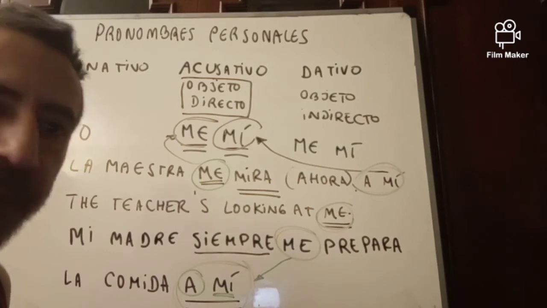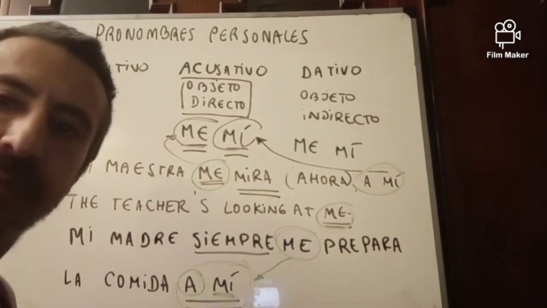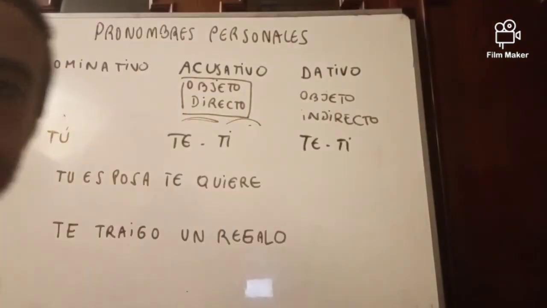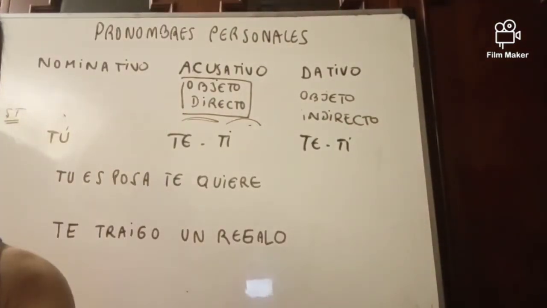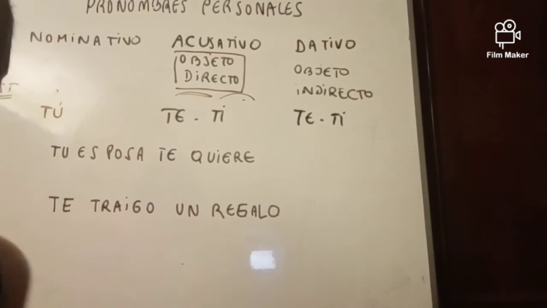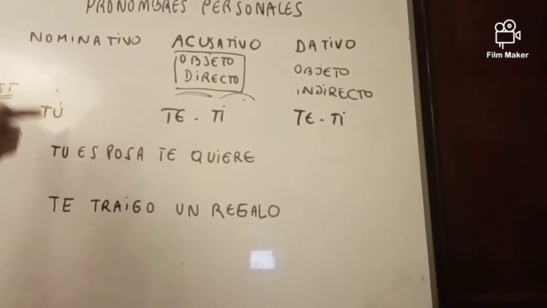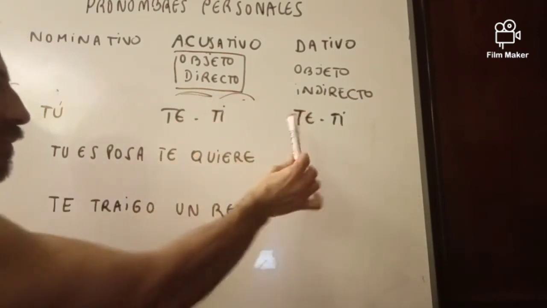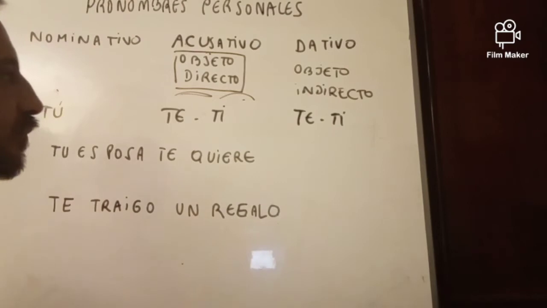Let's see the other pronouns with examples, of course. Let's see these examples for the second person in the singular. Nominative tú. And we have the same here as in me, mí: te, ti.